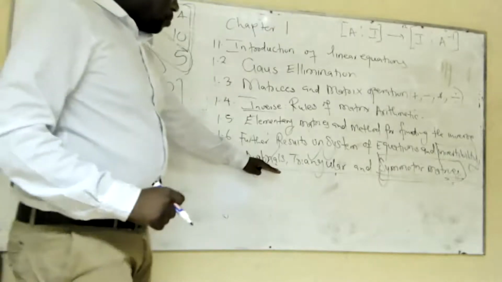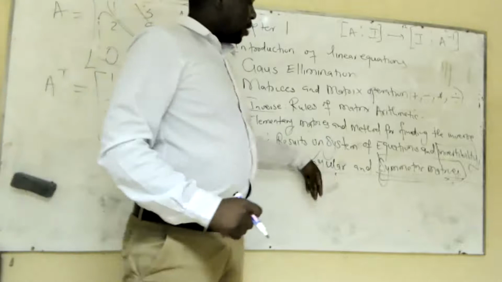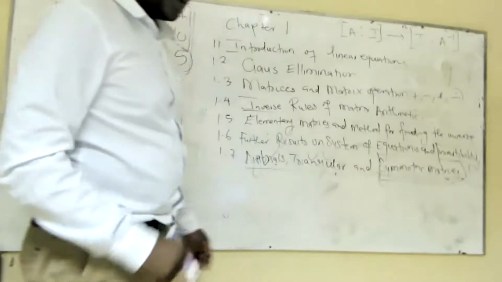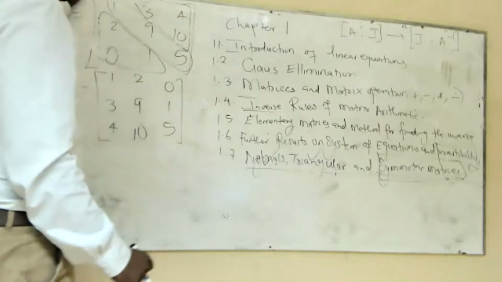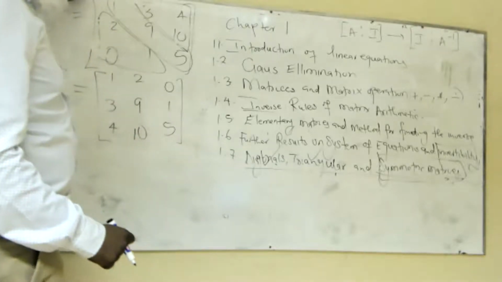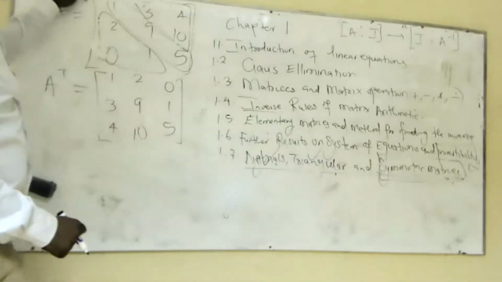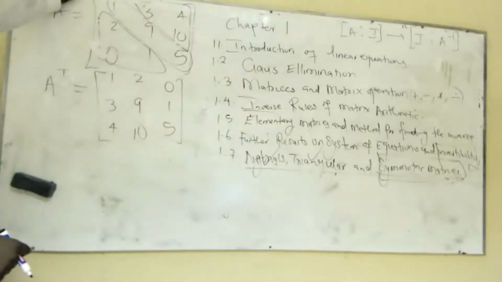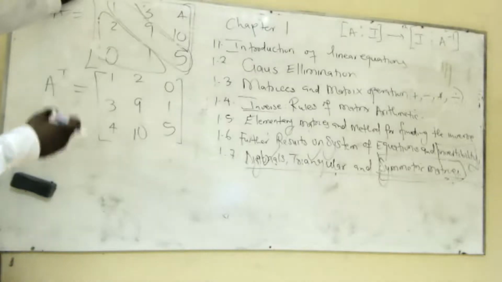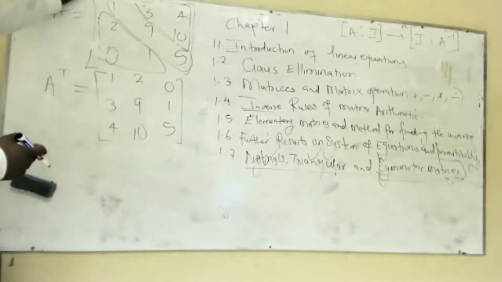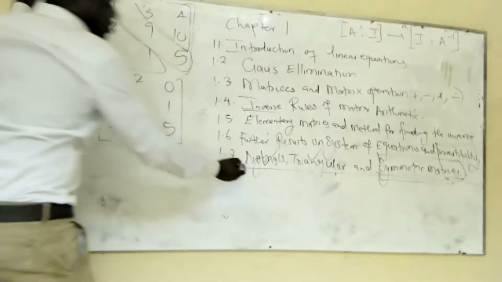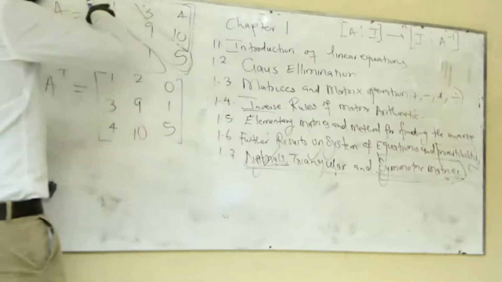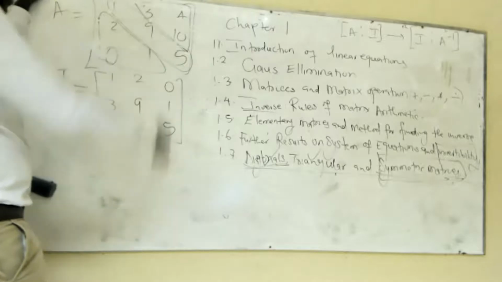So did you understand about the diagonal, the triangular? Okay, let me just. It's 1, 3, 4, 2, 9, 10, 0, 1, and 5, right? So from this, the first part is the diagonal, given by 1, 9, and 5.